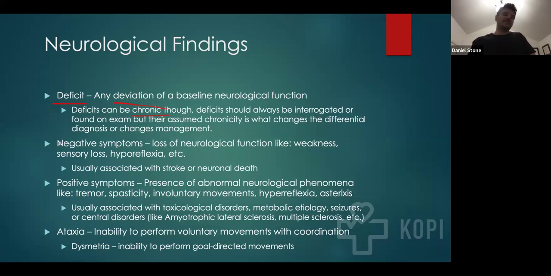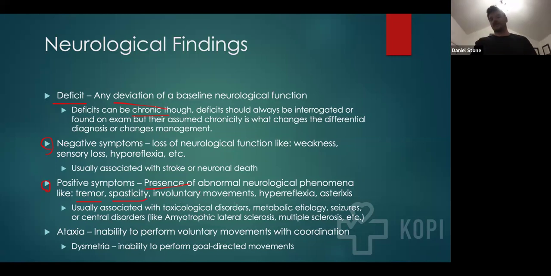The most important component to altered mental status that I want you to try to remember, and again, this is not a comprehensive discussion regarding neurological examination, but there are findings on exam that are called negative symptoms and positive symptoms. Positive symptoms basically imply the presence of abnormal neurological phenomena. This means that they have tremor, they have spasticity, they have tonic-clonic movement.